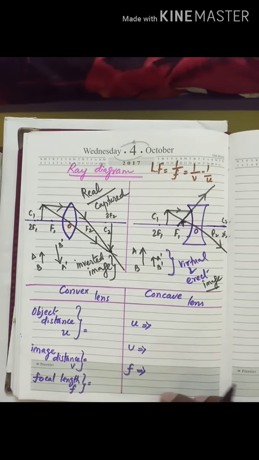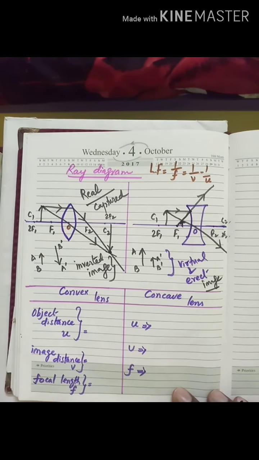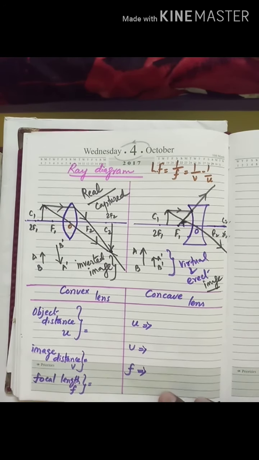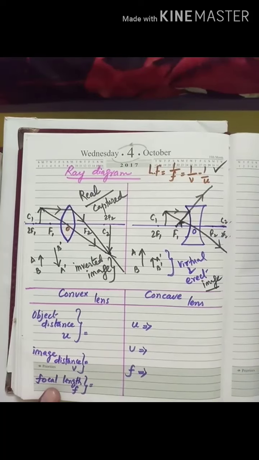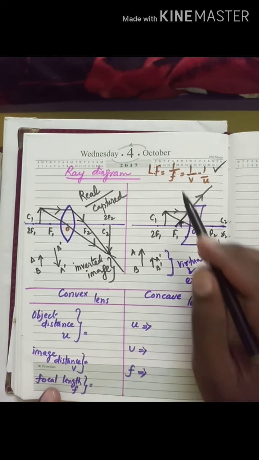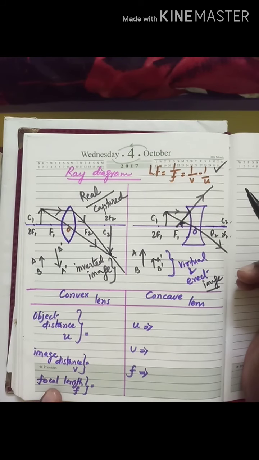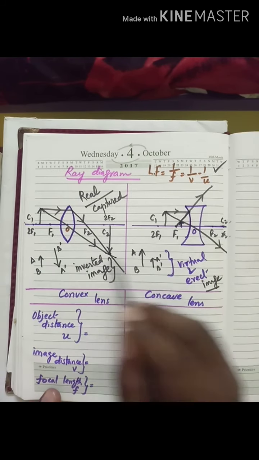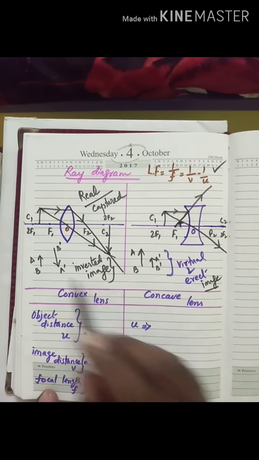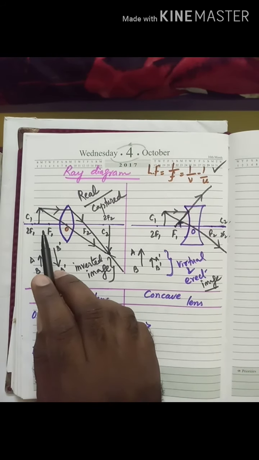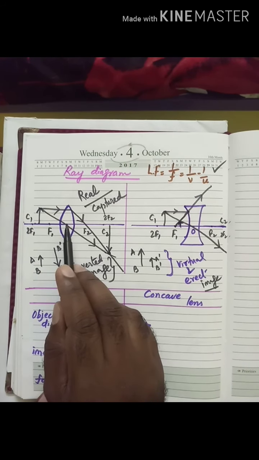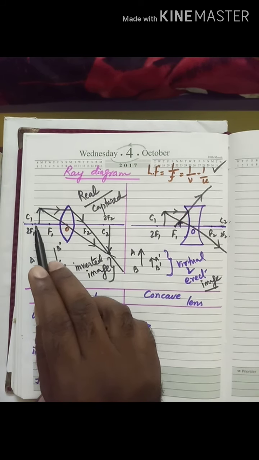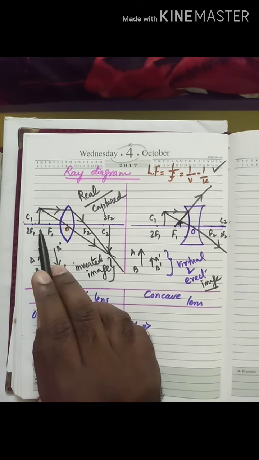Here, what I have given as a tabular column is to identify some of the basic things while calculating the numerical value for the formula 1 by f is equal to 1 by v minus 1 by u. What is v, what is u here? See, the object distance from the optic center from O to here is called the object distance.